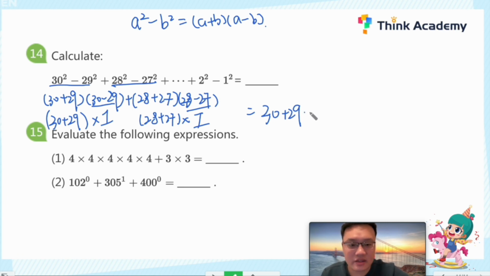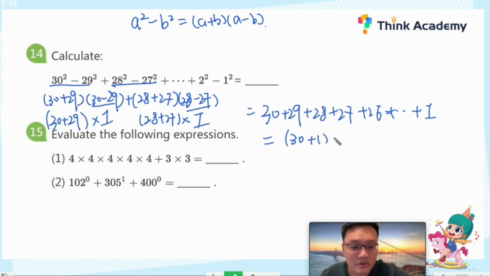So just remove the bracket, add 28, add 27, add 26, all the way to 1. So it's just the sum of an arithmetic sequence. 30 plus 1, times how many terms you have? It's 30 terms, and then divided by 2. So that will be 31 times 30 divided by 2, which is 15. And if you do the calculation, you get 465.